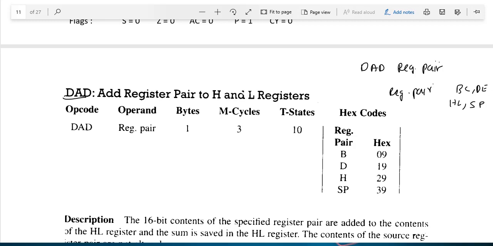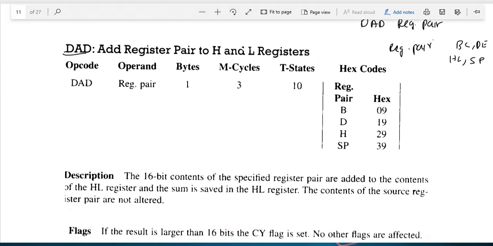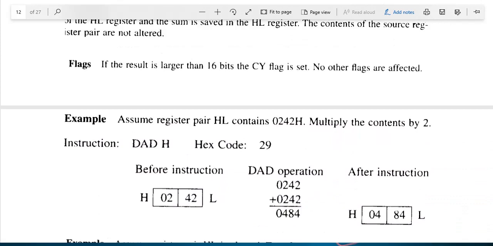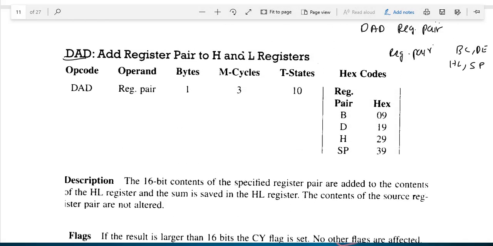For example, if I write the instruction DAD B, what does it mean? It means the data in the BC register pair will add with the HL register pair, and whatever the result is in 16-bit form will go to the HL register pair. So in this way, we can do 16-bit addition by a single instruction.